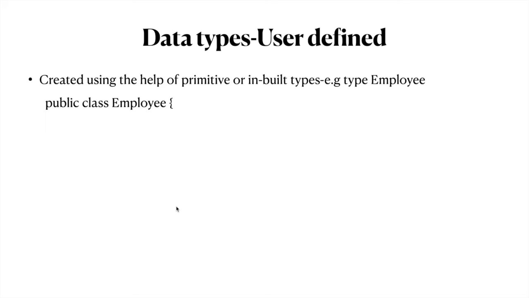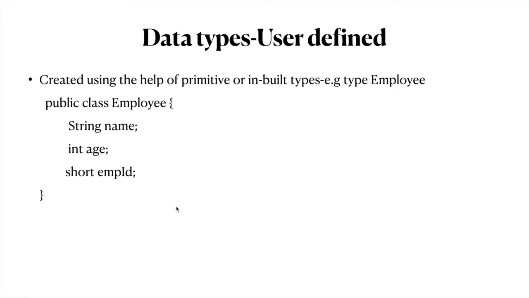So here it says public class employee, so the type is employee. We will discuss about the terms public and class in coming videos, but it tells that we are creating an object called employee.